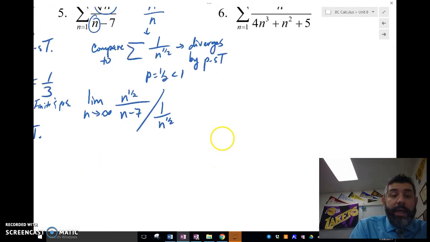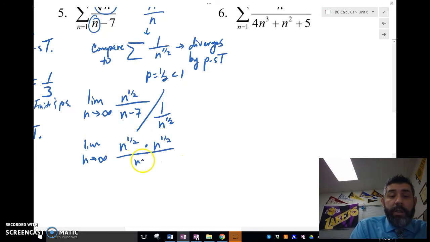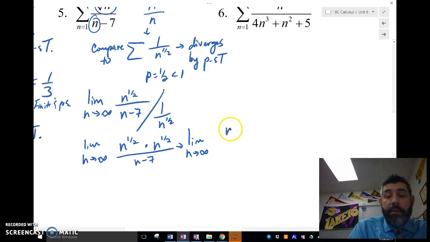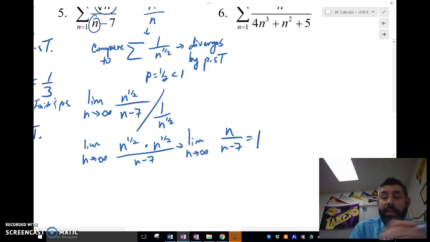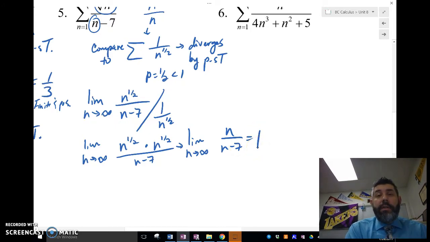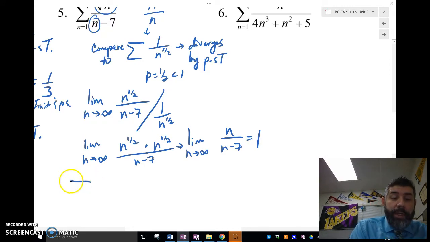I'm going to rewrite that as the limit as n approaches infinity of n to the 1/2 times n to the 1/2 over n minus 7. That's going to be the limit as n approaches infinity of n over n minus 7, which is going to be 1. So this is finite and positive.